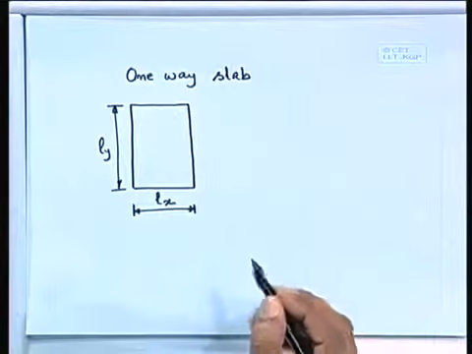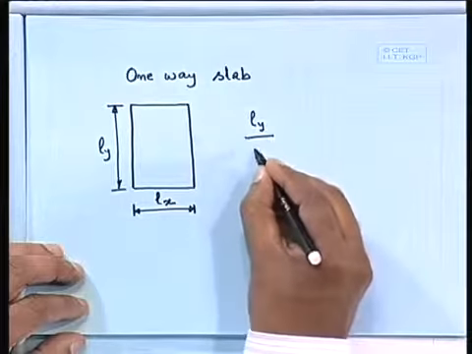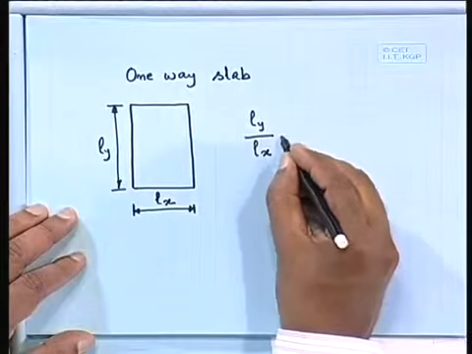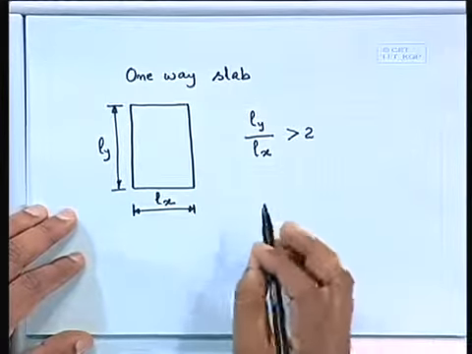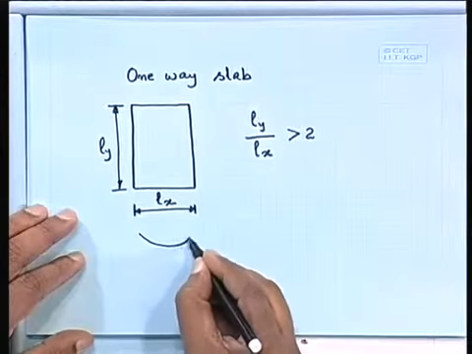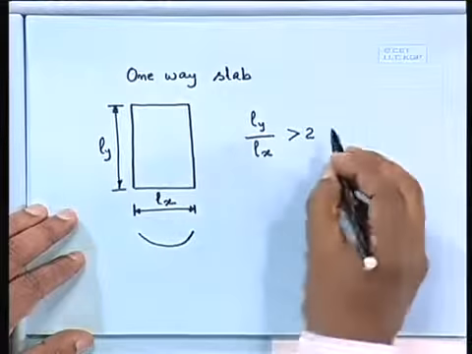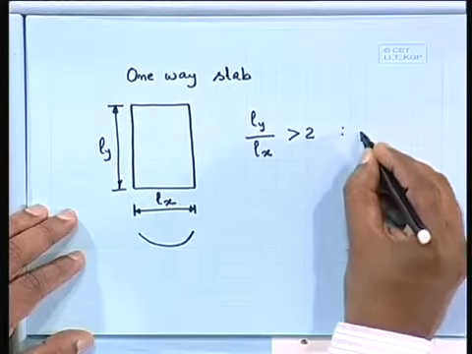So depending on the case, Ly by Lx, if it is greater than 2, then we shall find that the bending will be more in this direction, and that is called a one-way slab. So that means this is a one-way slab.